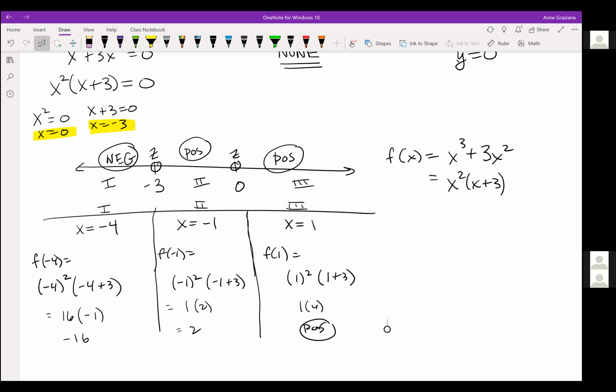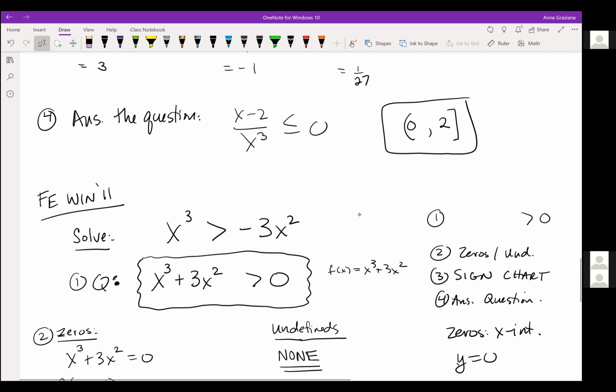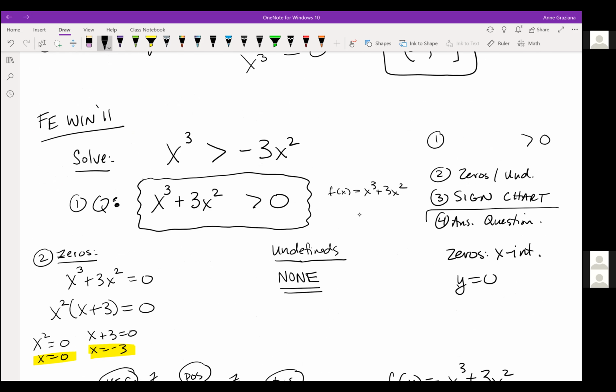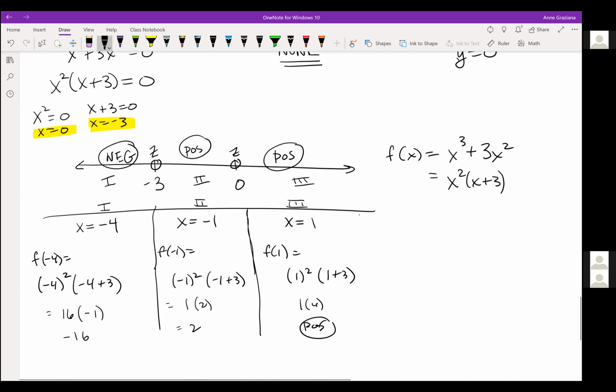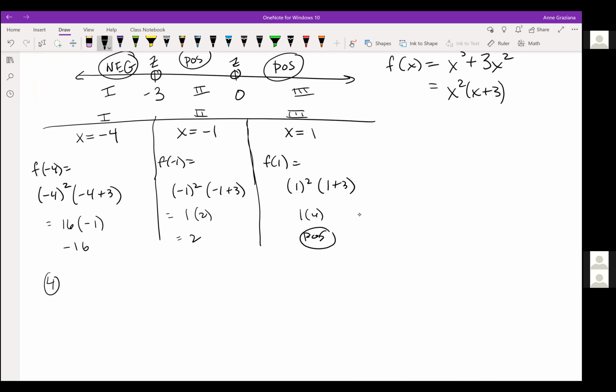All right, so now this is what I'm saying about step 4. Step 4 is you have to go back and answer the question or solve the problem, okay? The problem was asking, we put it in this form. I want to know when it's greater than 0, okay? So the last step is solve.